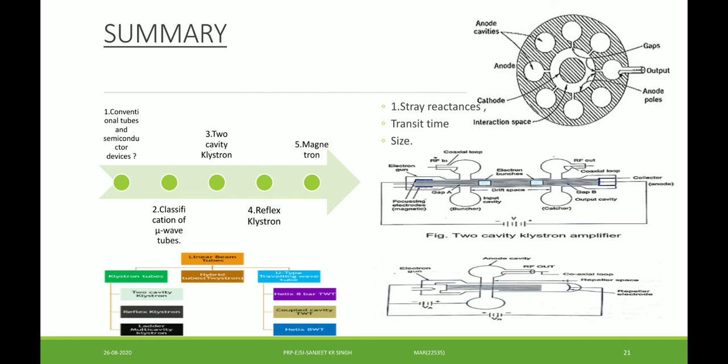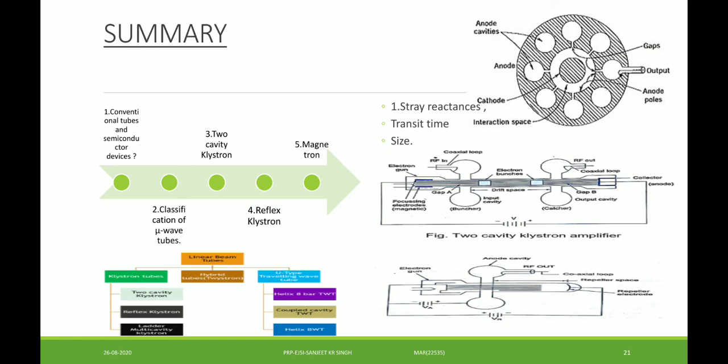So what we learned in today's presentation, here is the summary. First we saw why the conventional transistors and diodes are not suitable for microwave applications. This is mainly due to the stray capacitive and inductive reactances, due to the thickness, the junction capacitance, the leads, and then the transit time, the time taken for the electron moving from one terminal to the other, then the size.